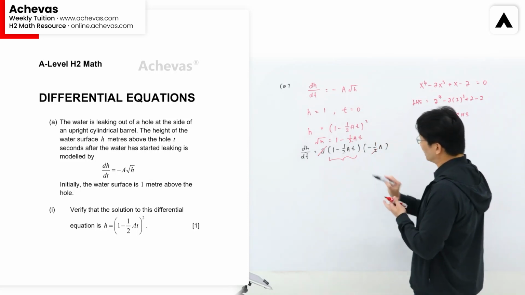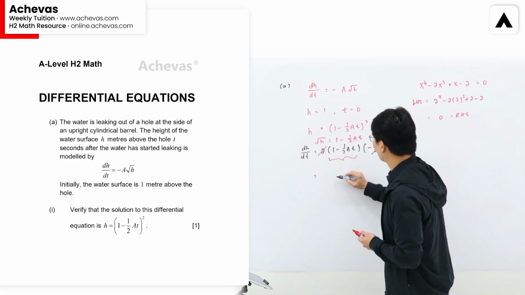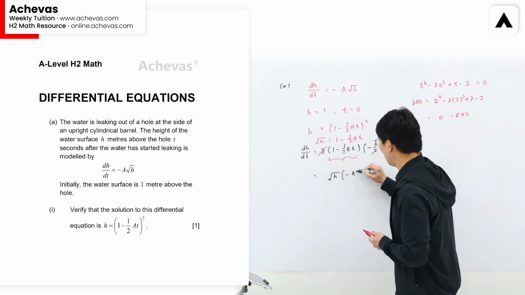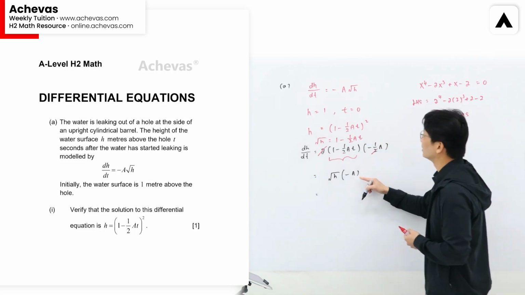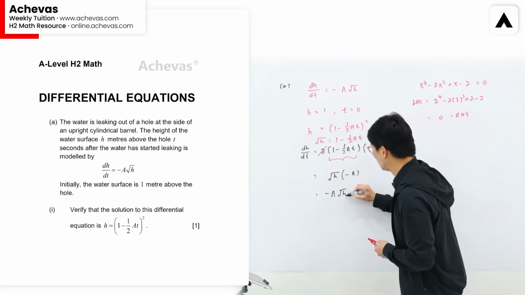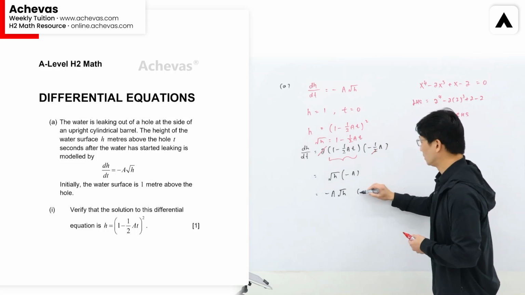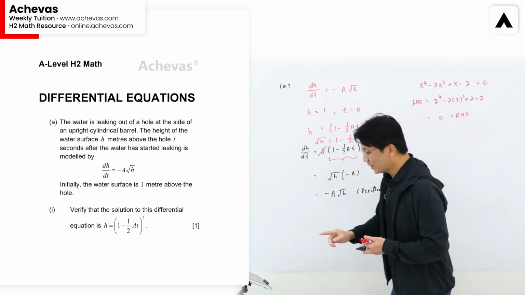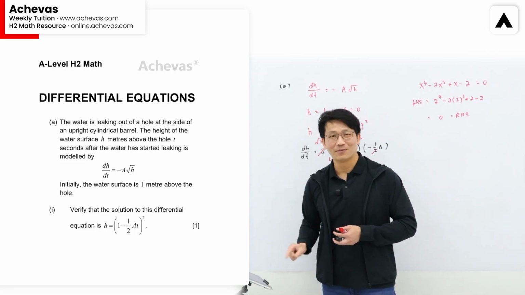So after doing replacement here, I'll just get square root h bracket minus a. We just rewrite this properly. So we have minus a square root h, which is the same as this. So therefore, verified. That's the reason why the question only gives us 1 mark for this part.